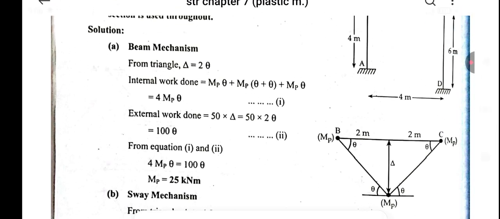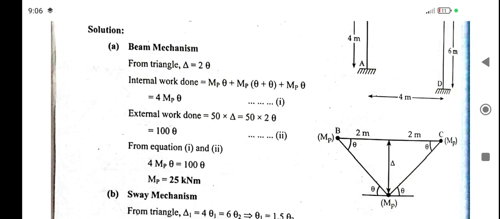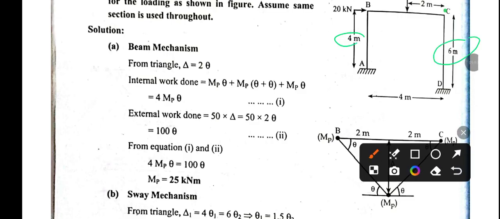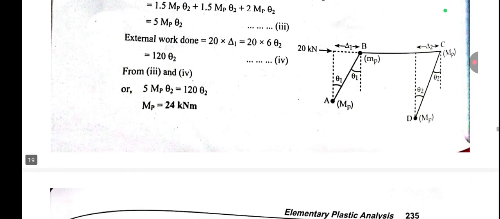You can see in our question, this is 4 meter and this is 6 meter. It means our angle during the sway mechanism, our theta, will also be different. Due to the 4 meter it will be theta 1, and due to this 6 meter our angle will be theta 2. So now see the figure.